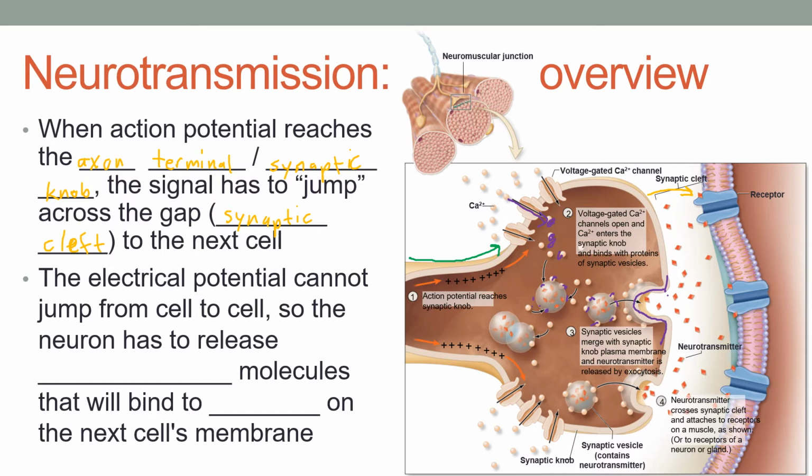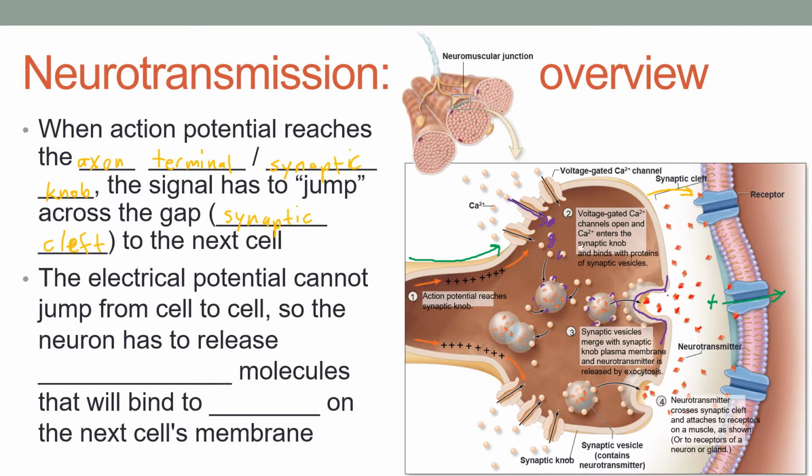That spills the neurotransmitters that our synaptic vesicle was carrying out into the synaptic cleft, and those neurotransmitters bind to receptors and allow charged ions to travel into the postsynaptic cell.